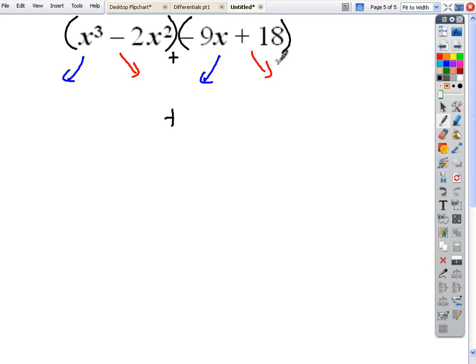Well, in this case, it's going to be an x squared. We want to take out the greatest common factor, the biggest thing I can pull away from both terms. In this case, the biggest thing I can pull away is an x squared. I'm undistributing that. So what am I left with if I divide an x squared or undistribute an x squared? x minus 2. Everybody see that?